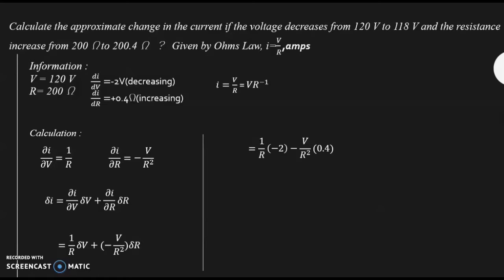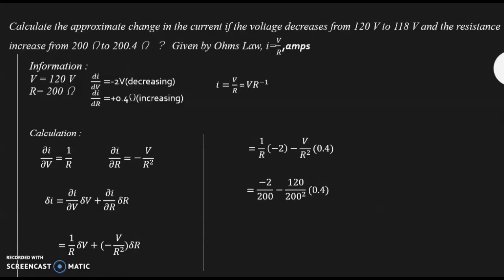Then we substitute the information negative 2 for dV and 0.4 ohm for dR. Then from the information in the question, we substitute V and R. We substitute R at the bottom and it will be negative 2 over 200 minus 120, we substitute V, and we substitute R, we get 200 to the power of 2.